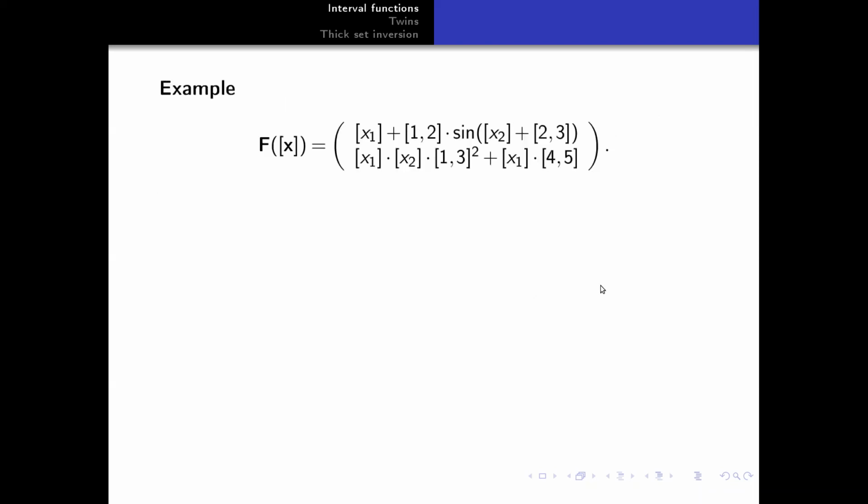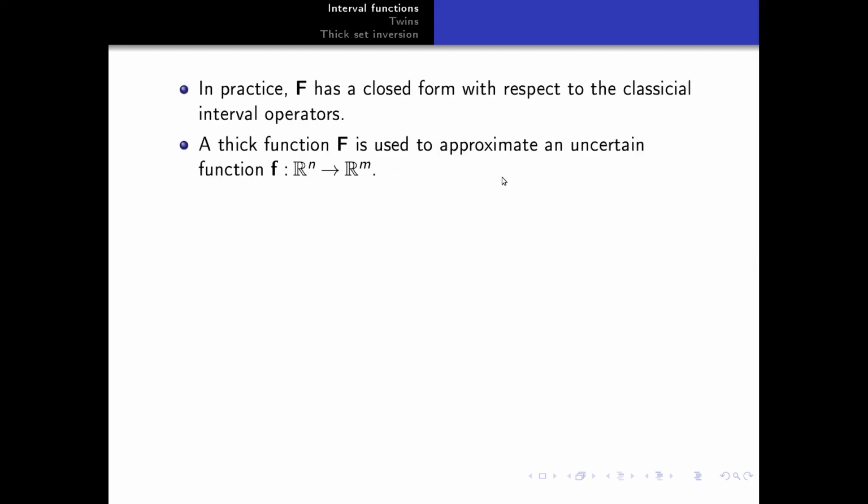So I do not assume this. And here is an example. I still use classical rules of interval arithmetic, but now I have some intervals, and you can see that if X is a point, then the image will be a box. So it is why we call it thick.